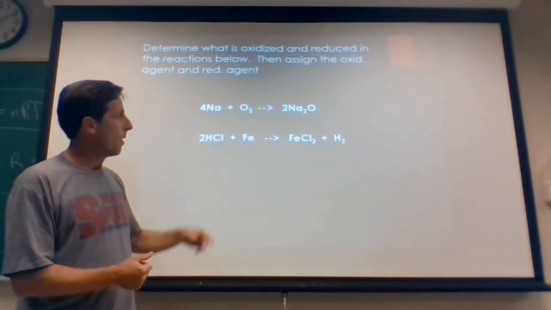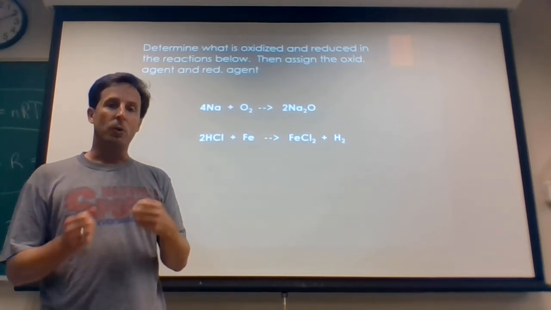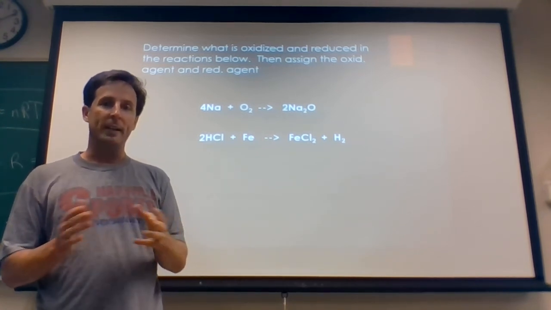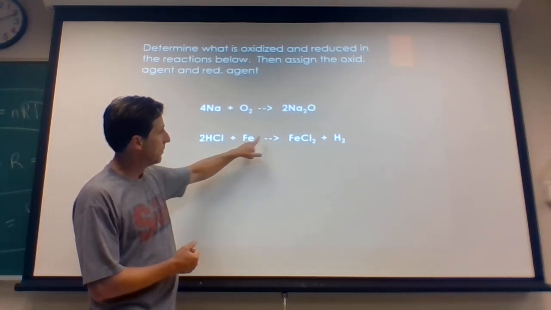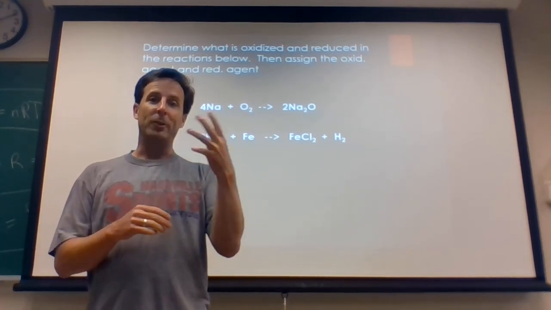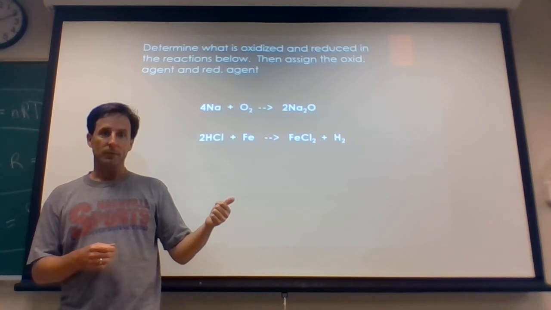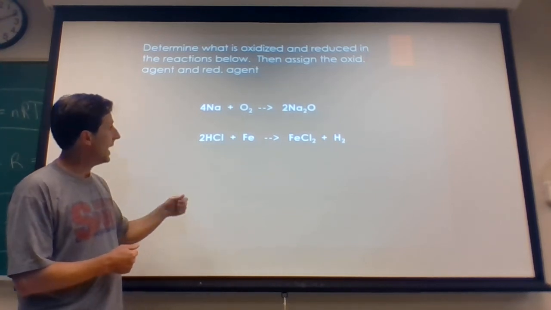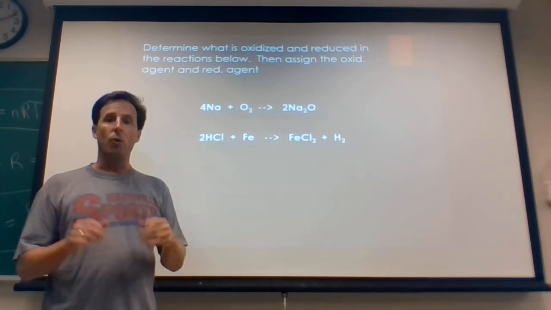It's partnering up with different elements, but its charge never changed. So chlorine did not accept or lose any electrons. Then iron went from 0 to +2. That's an increase in the charge, so iron was oxidized. So we had hydrogen getting reduced, iron getting oxidized, and chlorine is a spectator.